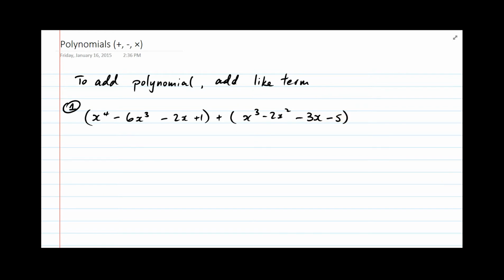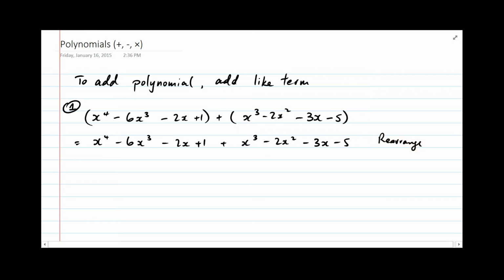So I have two polynomials here, one of degree 4 and the other of degree 3. I'm adding them together. Let's get rid of the brackets. We would simply have x to the 4th, minus 6x cubed, minus 2x plus 1, plus x cubed, minus 2x squared, minus 3x, minus 5.